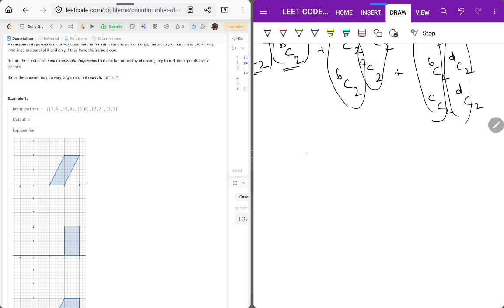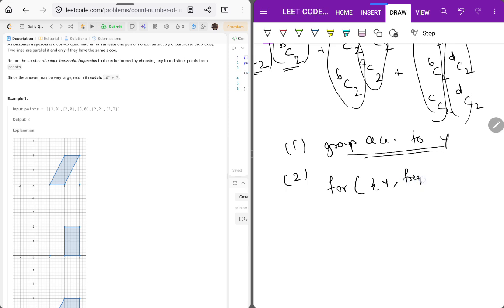So using this pattern, first we'll group according to y. Once we have the groups, we'll have a loop over the values that are there. For a certain y, we'll have a certain frequency of that y.